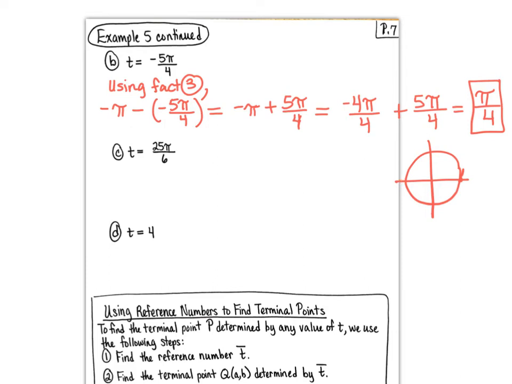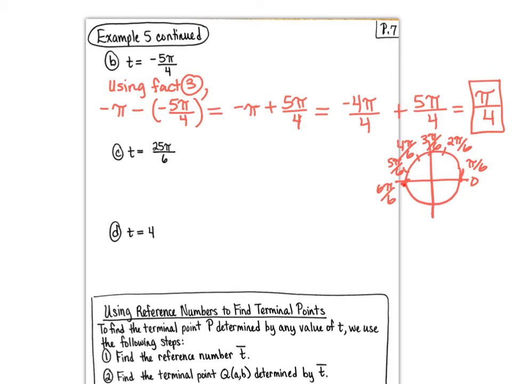So this would give you 0, pi over 6, 2 pi over 6, 3 pi over 6, 4 pi over 6, 5 pi over 6, and then pi is the same thing as 6 pi over 6.